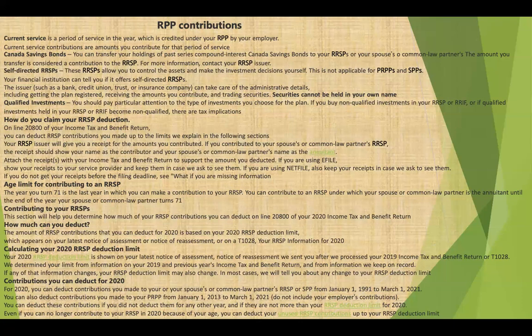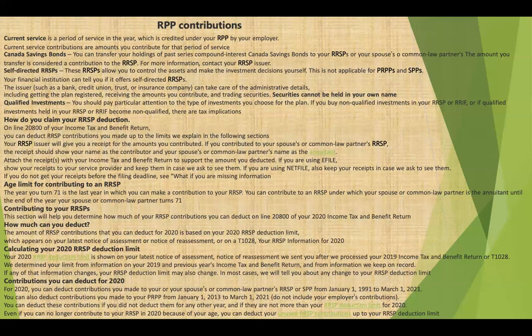If you contributed to your spouse or common-law partner's RRSP, the receipt should show your name as the contributor and your spouse or common-law partner as the annuitant. You attach the receipt to your income tax and benefit return to support the amount you deducted.